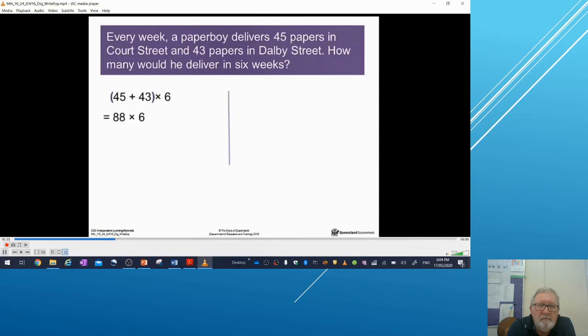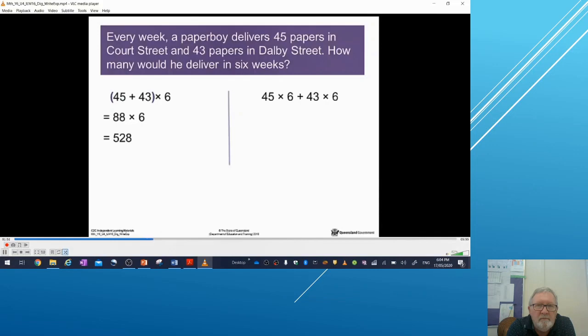We know that 45 add 43 gives us 88. Then we calculate 88 multiplied by 6, which gives us 528. Another way we could write the expression is 45 multiplied by 6 add 43 multiplied by 6, because we have 6 lots of 45 papers and 6 lots of 43 papers.